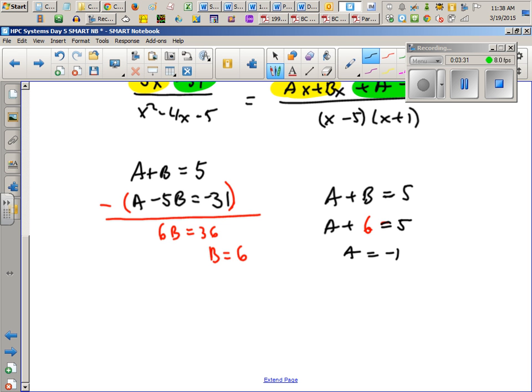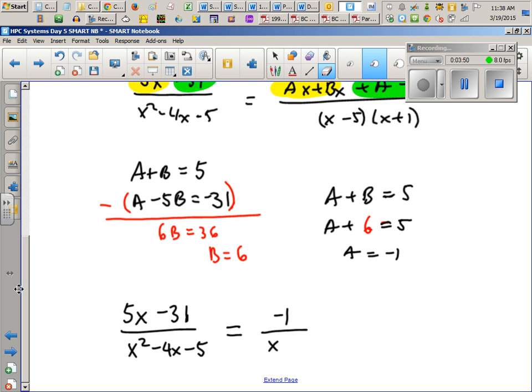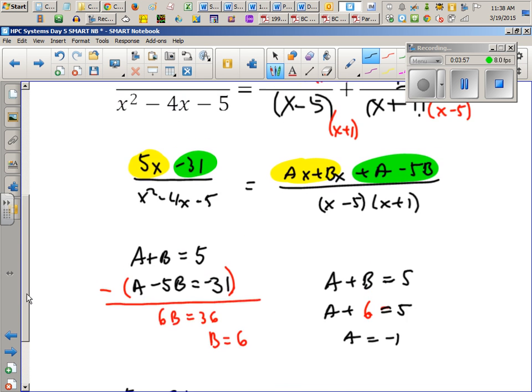Okay, please make sure that you finish this problem by writing 5x minus 31 over x squared minus 4x minus 5 is equal to negative 1 over x minus 5 plus 6 over x plus 1. In other words, you decompose the fraction.